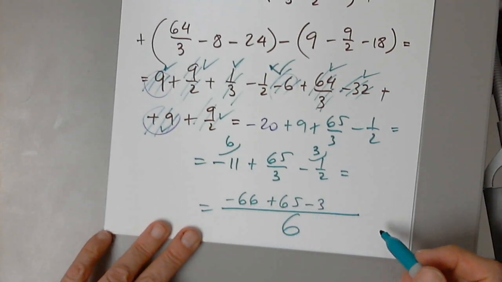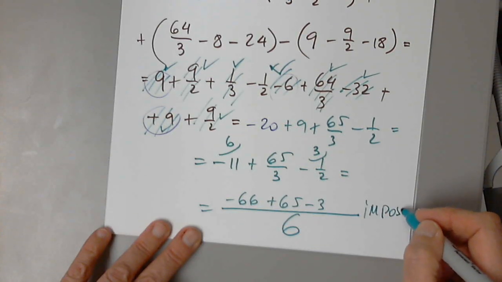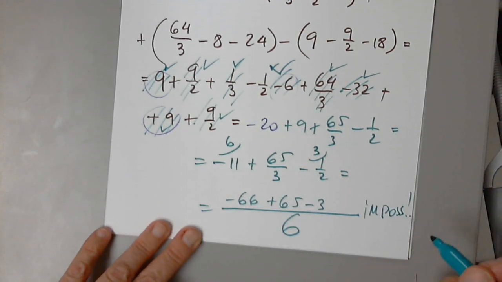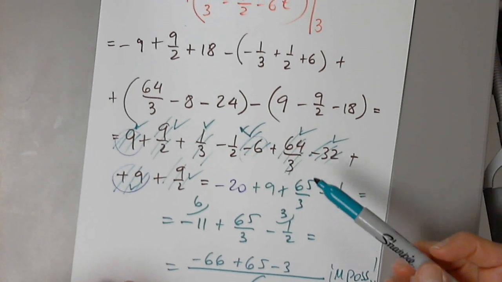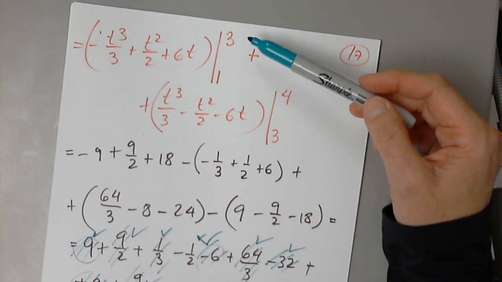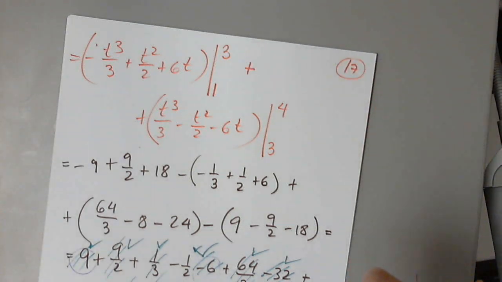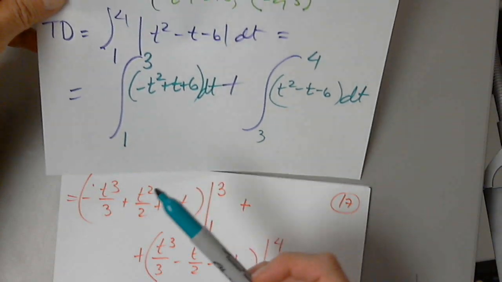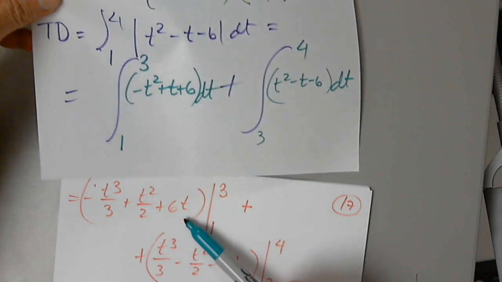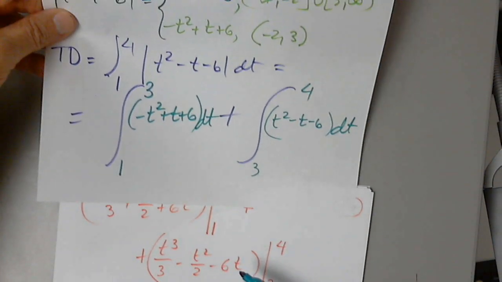But I'm getting a negative number, and that's impossible. Yeah, I got 61 over 6. I got 61 over 6 also. I'm not sure like where it went wrong. Something in that last step.